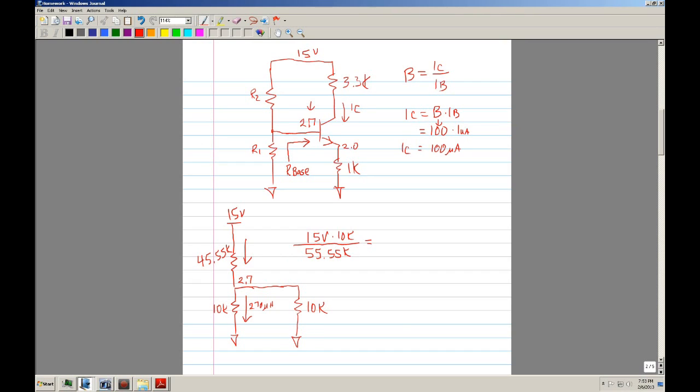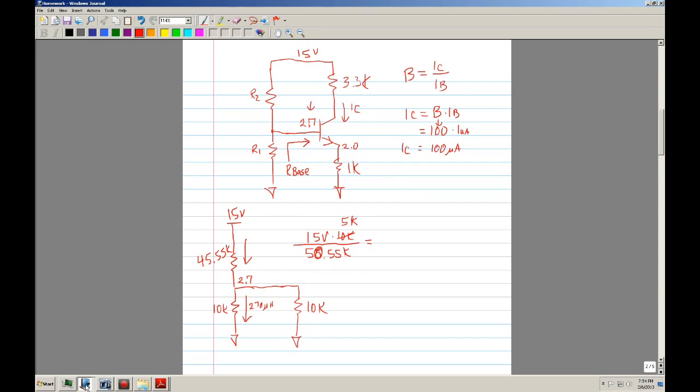If you put another 10K in there? No. Because now this would be 5K. Two of these are in parallel, right?